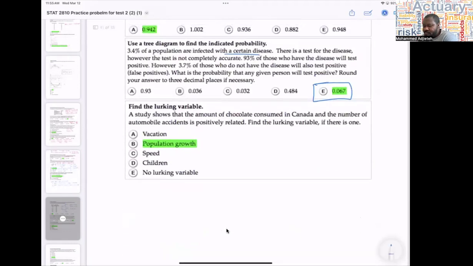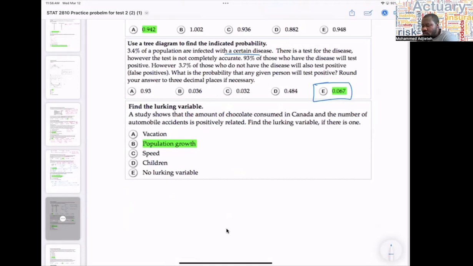Here it says that a study shows that the amount of chocolate consumed in Canada and the number of automobile accidents are positively related. Find the lurking variable if there is one. First we need to understand what a lurking variable is. A lurking variable is a hidden or unobserved variable that affects the relationship between two variables but is not included in the analysis.